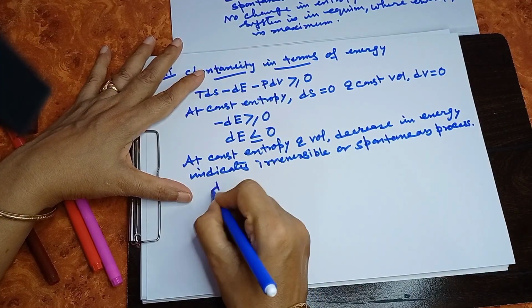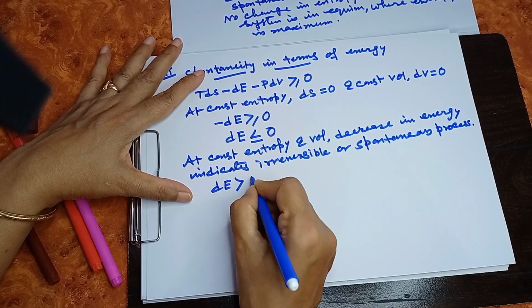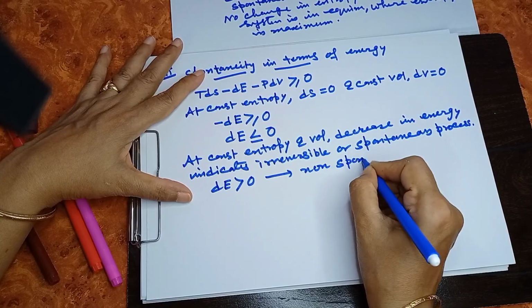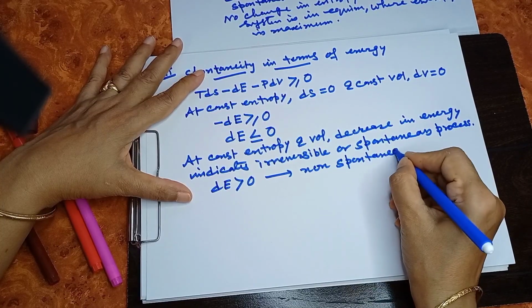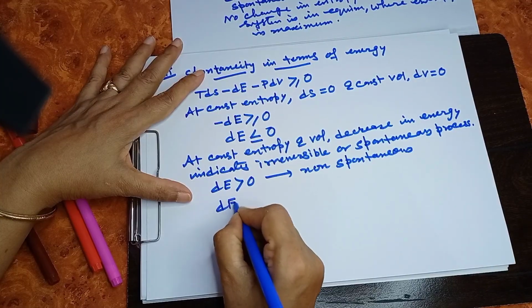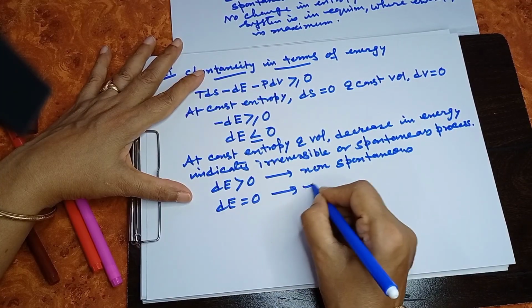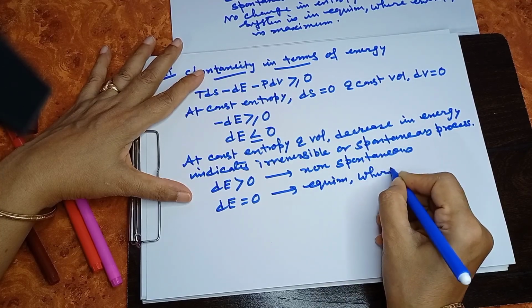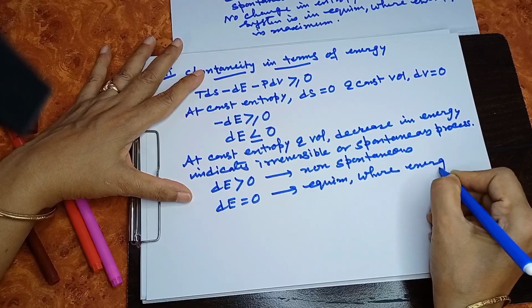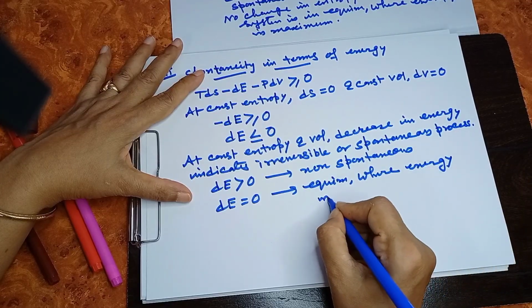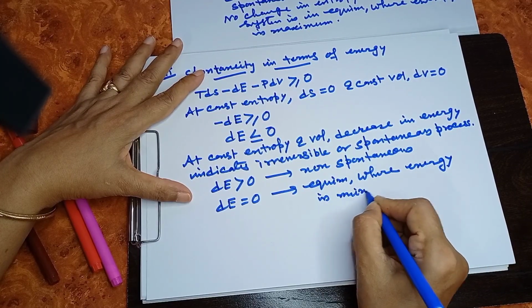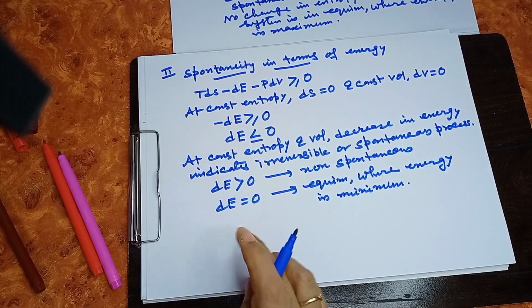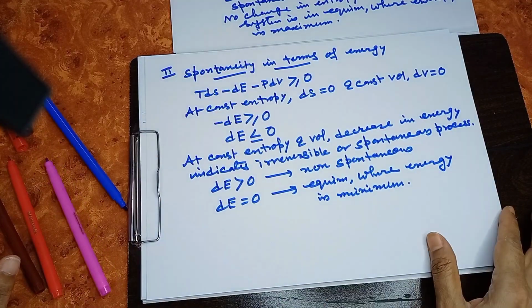Therefore an increase in energy, dE greater than 0, is non-spontaneous. And dE equal to 0 indicates equilibrium, where energy is minimum. So this is the condition with respect to energy.